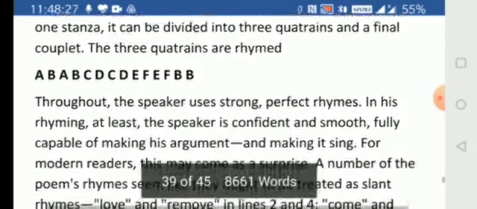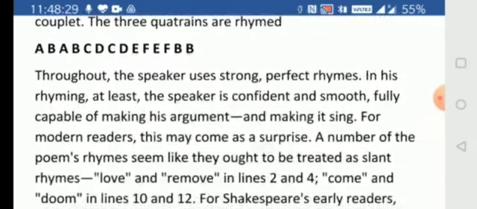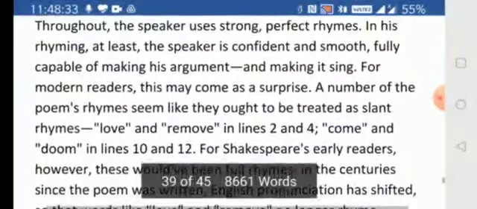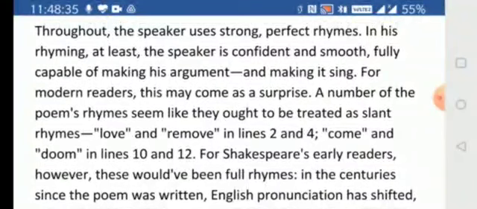Throughout, the speaker uses strong, perfect rhymes. In his rhyming, at least, the speaker is confident and smooth, fully capable of making his argument and making it sing. For modern readers, this may come as a surprise.